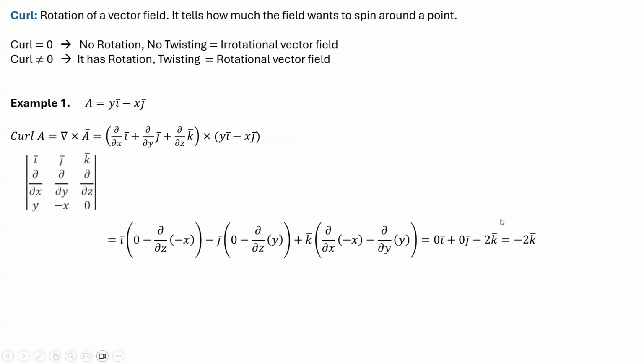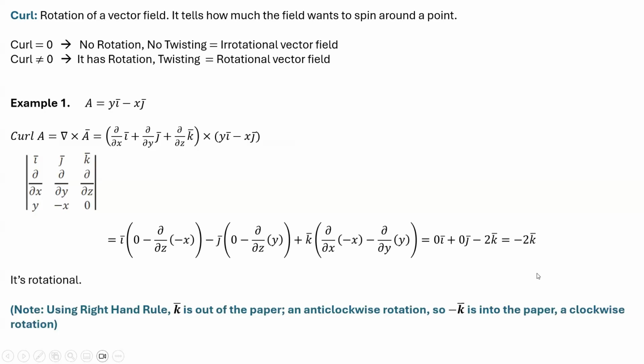Now, what does it mean? Since it's not 0, it has a particular value. That means there will be some source of rotation. So this is a rotational vector field. Now, if we use the right-hand rule, we'll just consider k cap.